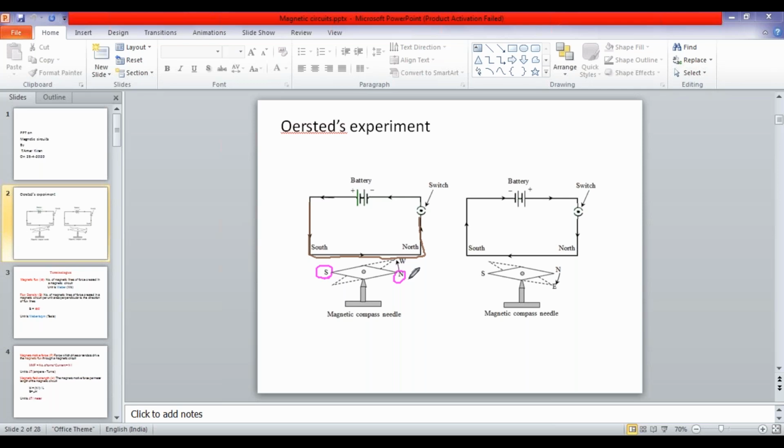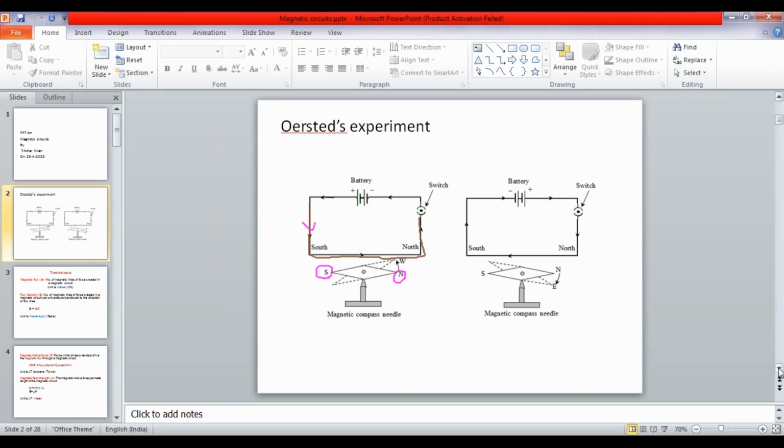So he concluded that whenever current passes through a conductor, a magnetic field is set up. Because of the magnetic field set up by the current carrying conductor, the compass directions are changed. That's why he interlinked an electric field and a magnetic field.